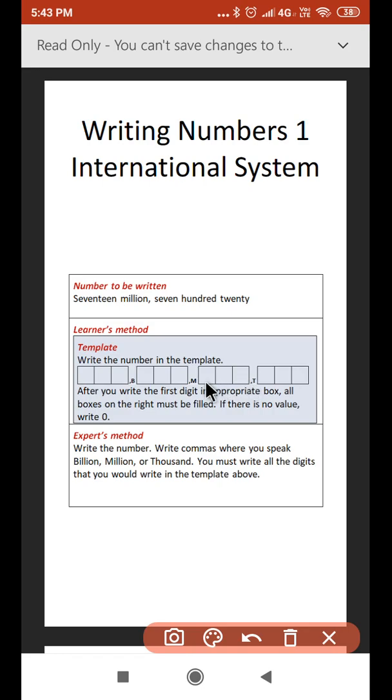So these 3 digits are for thousands, these 3 digits are for millions, these 3 digits are for billions. So let us write the number 17 million. This is million, so before that we will write 17. 17 million.